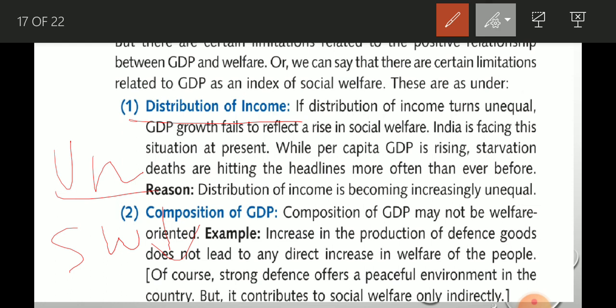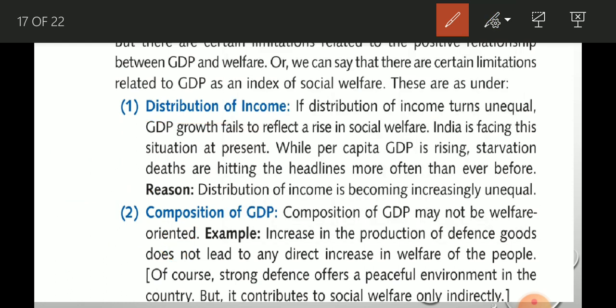Now, second topic is composition of GDP. In 11th class in microeconomics, you learned about the three central problems: what to produce. What to produce is related to the type of goods. There are basically two types of goods: peace goods and war goods. Suppose in an economy there is more production of goods and services, but the type of goods is defense goods or war goods.